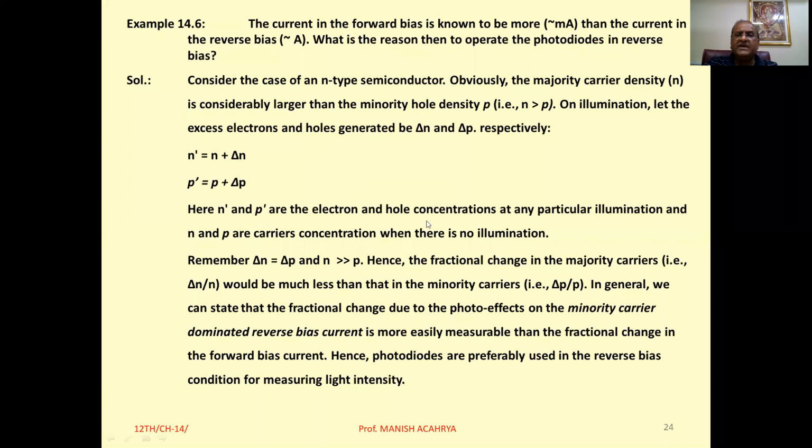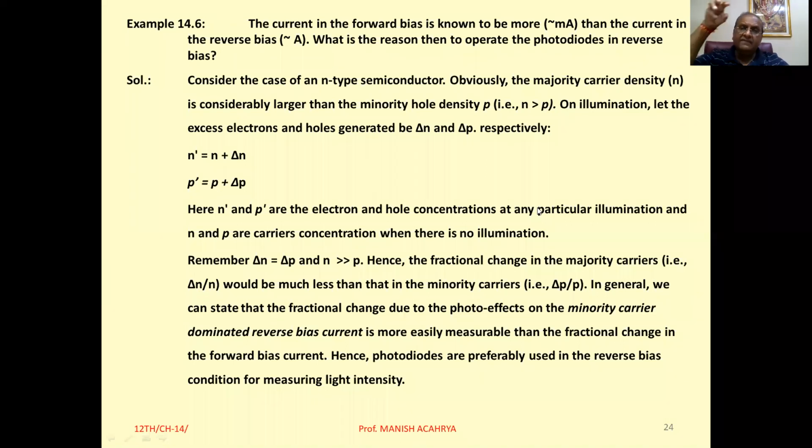So N dash and P dash are the concentrations of electrons and holes after the illumination. But here, see, we already discussed that N is greater than P.